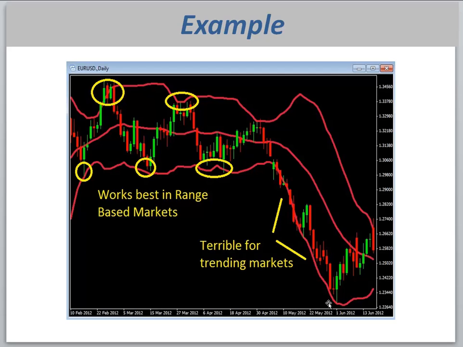Most traders will tell you that Bollinger Bands do best during range-based markets, when markets aren't moving much and are stuck in certain ranges. Then Bollinger Bands are awesome. But if there's a lot of news in the market, or a trending market, they will be terrible, as you can see in this chart, where the price stayed oversold for a long period of time.